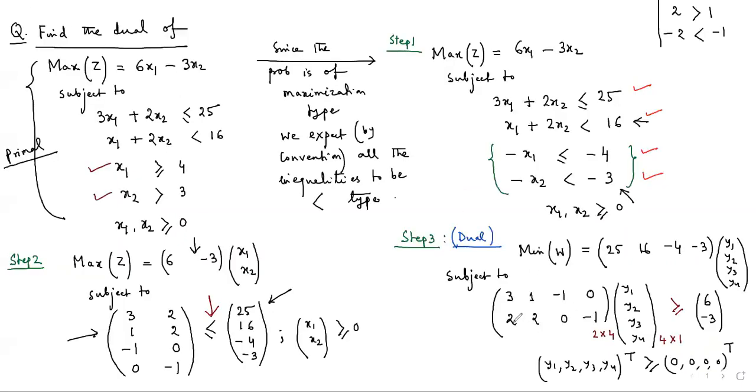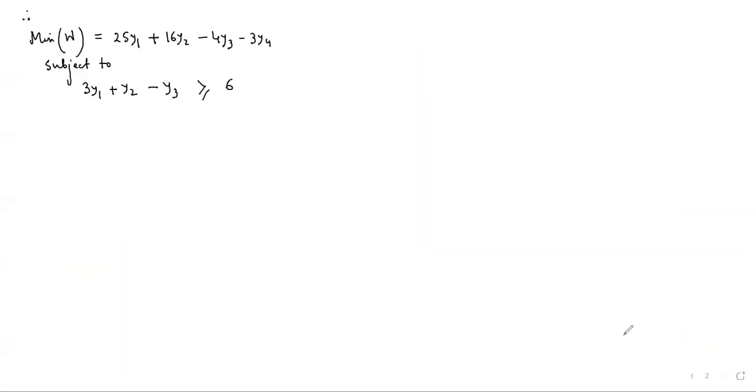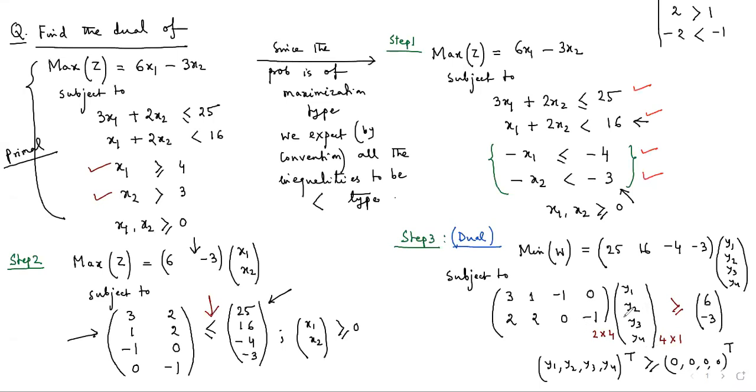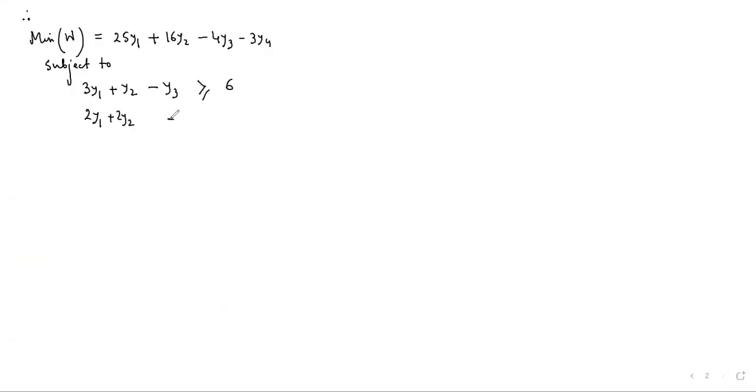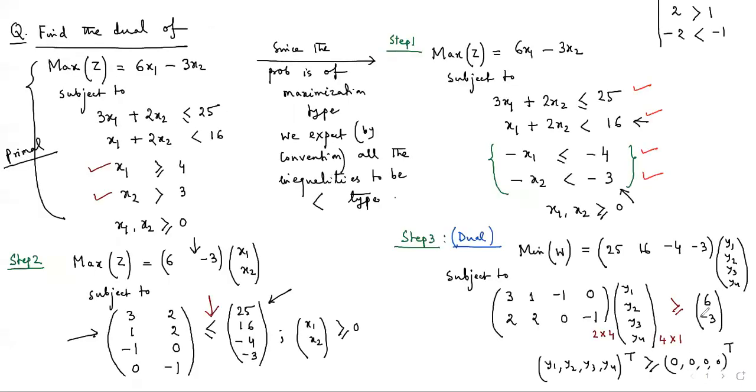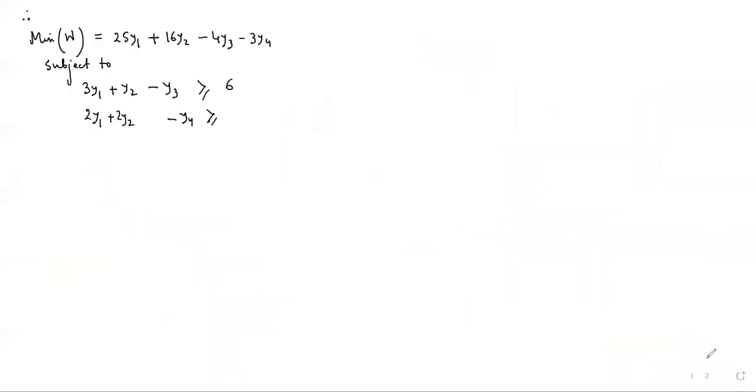And the second one will be 2y1 plus 2y2, y3 will not be there, minus y4, greater than or equal to minus 3. And y1, y2, y3, y4 transpose is greater than or equal to 0, 0, 0, 0 transpose.